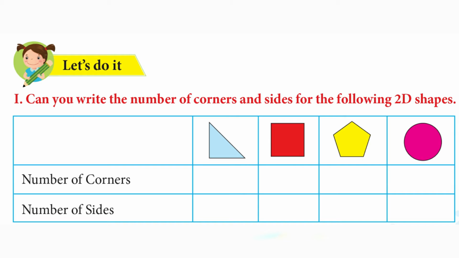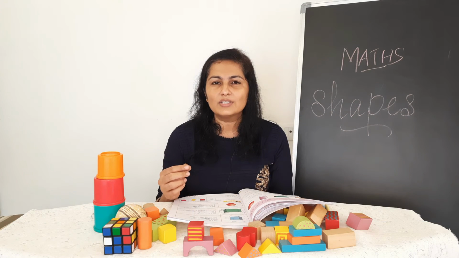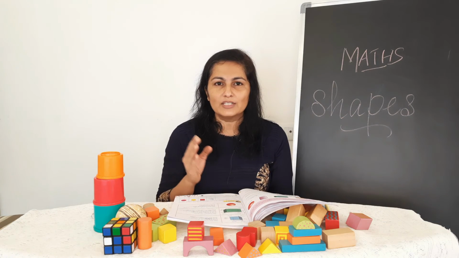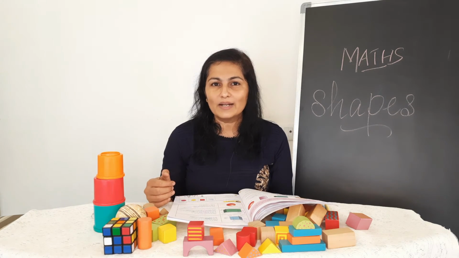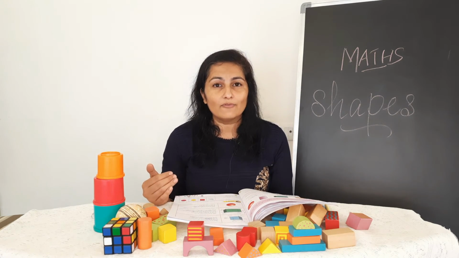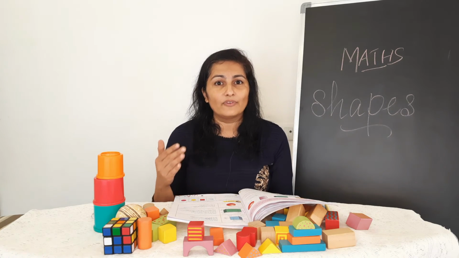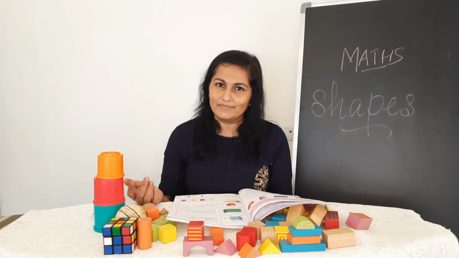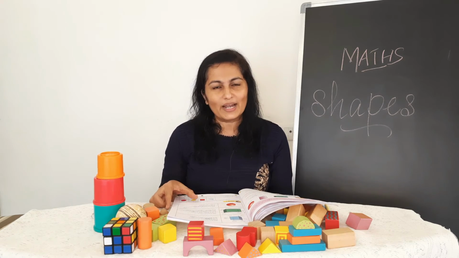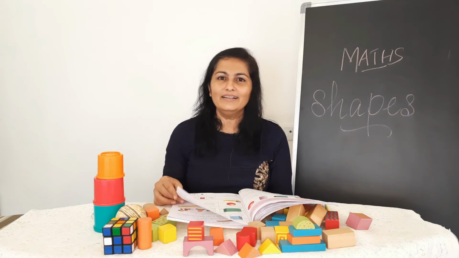Then in 3D shapes, we know what the faces are, we know what a vertex is, what an edge is. So the moment you see a shape, first you understand whether it's a 3D shape or a 2D shape. And once you understand that, you start looking for sides and corners or faces, edges and vertices. And then you count them. Easy, right? Okay, so you try the exercise and turn to the next page.